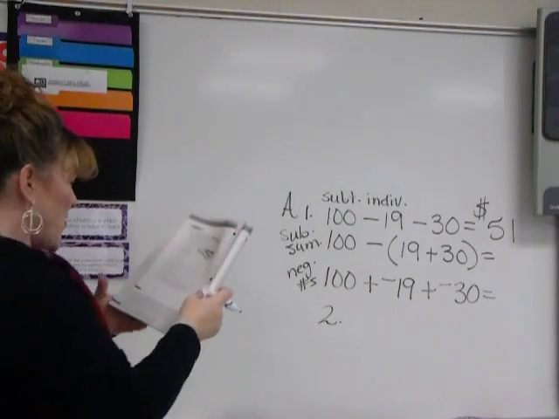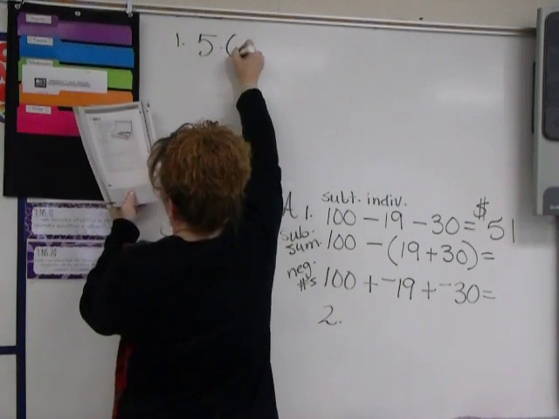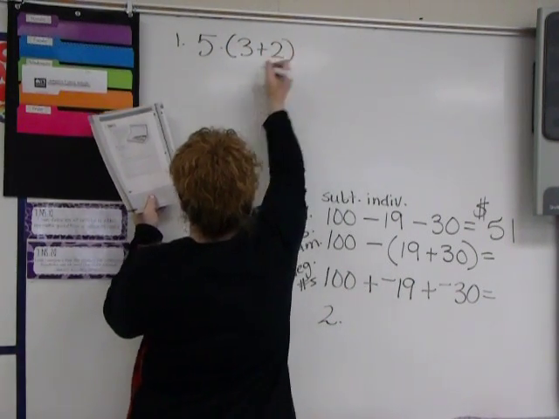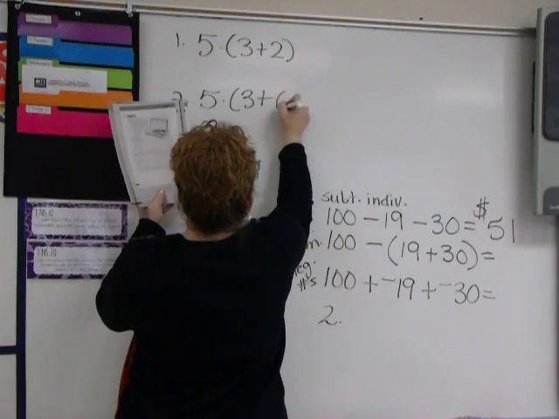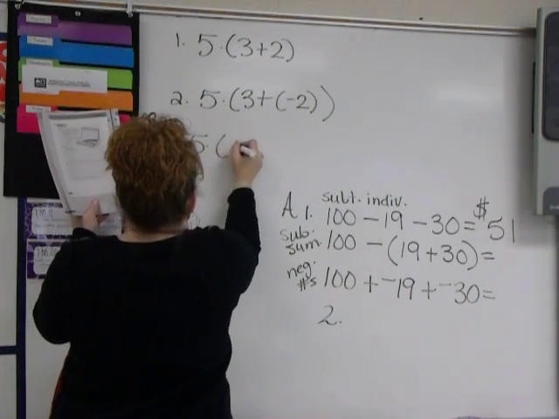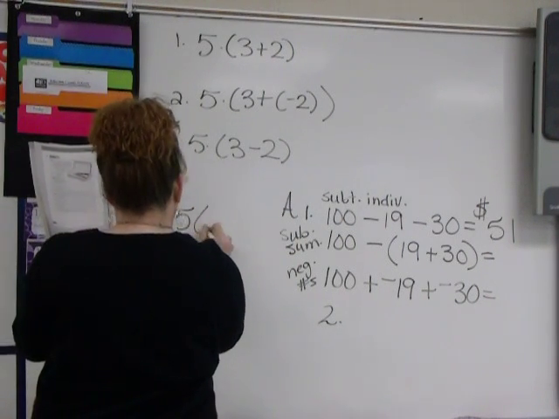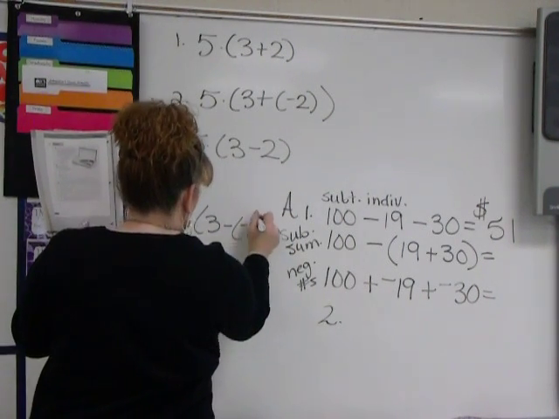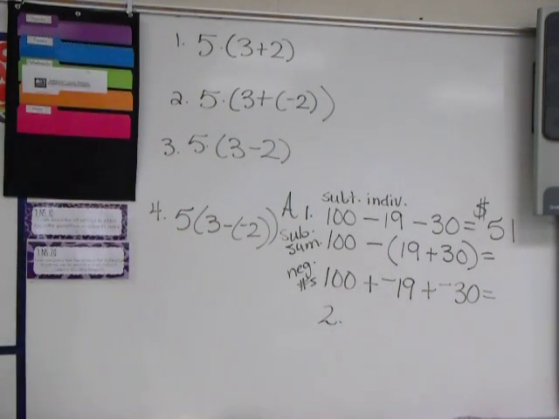B was wanting you to turn these that were in factored form to expanded form. So we're going to distribute the number on the outside to all the numbers on the inside.